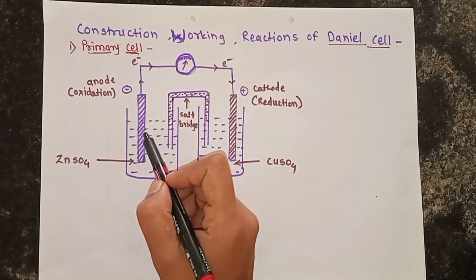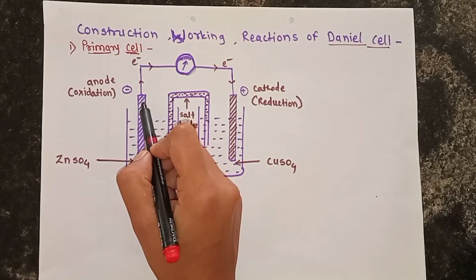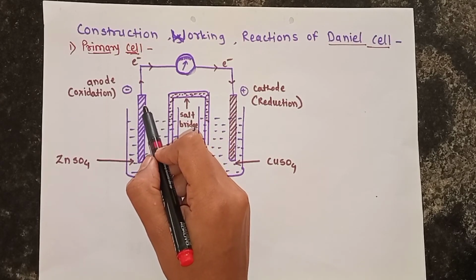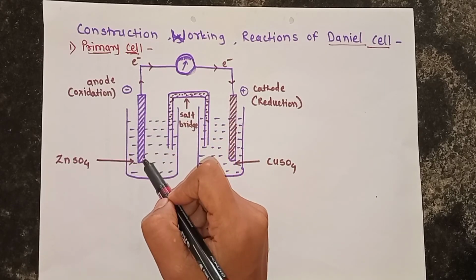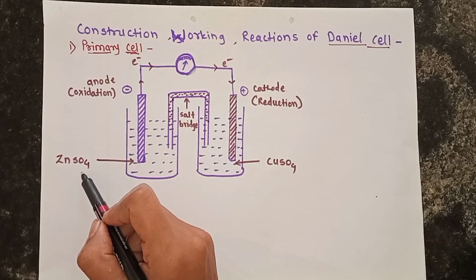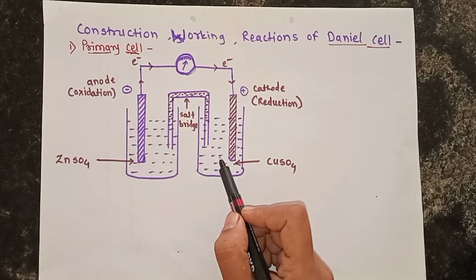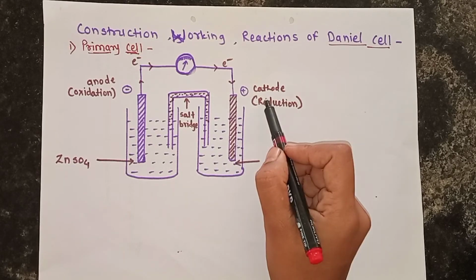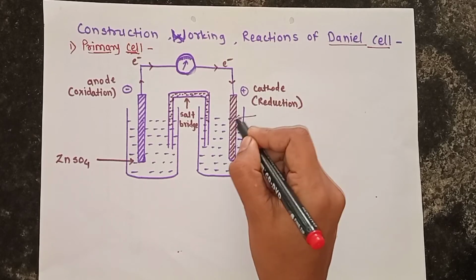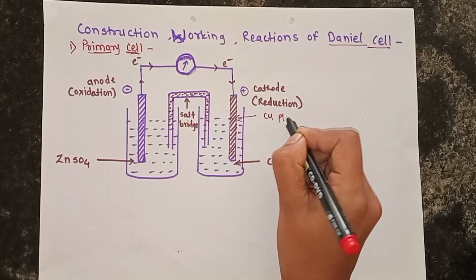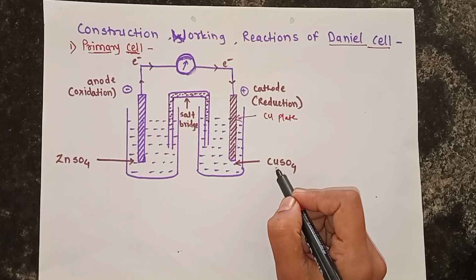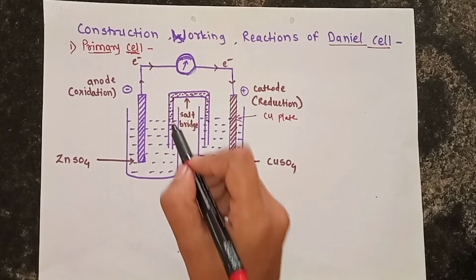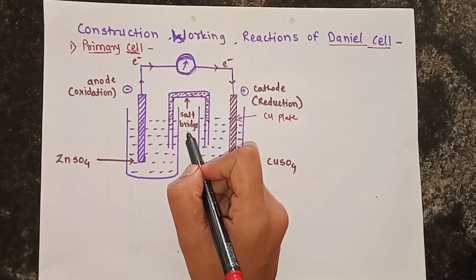One half cell has a zinc plate, which acts as the anode, dipped in a solution of zinc sulfate. The other half cell has a copper plate dipped in a copper sulfate solution, and these two half cells are connected by the salt bridge.